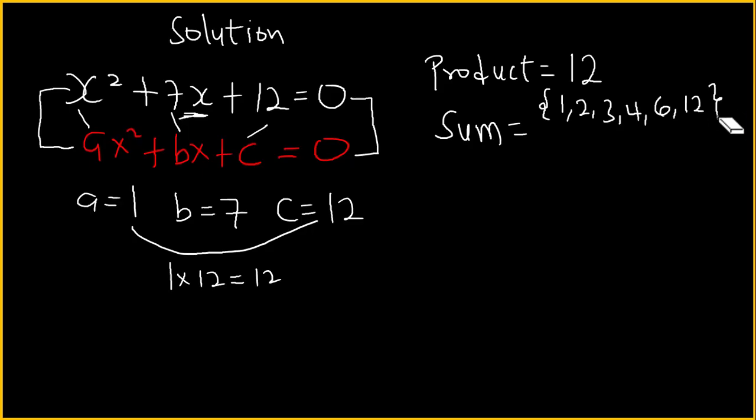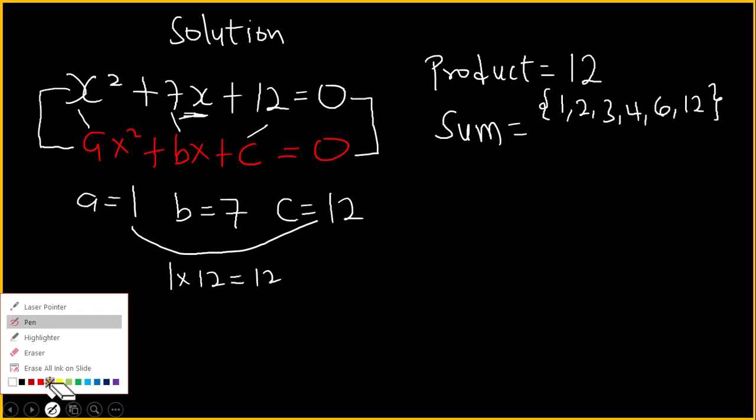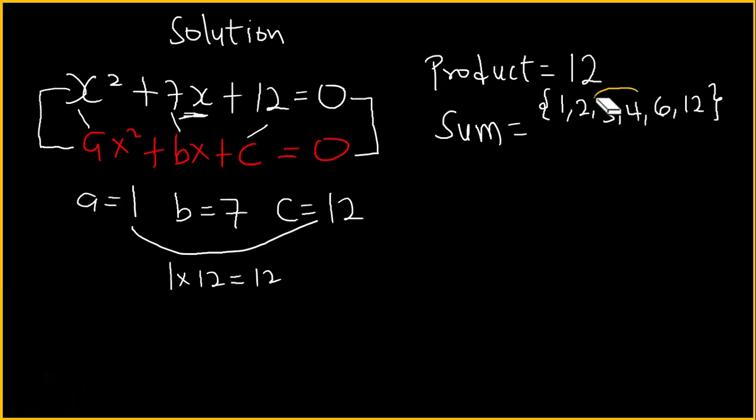So these are the factors of 12, and from these factors we are going to choose our sum. 1 plus 12 gives us 13, which is not equal to 7. 2 plus 6 gives us 8, which is not equal to 7. 3 plus 4 is equal to 7. So for the sum, we are going to pick these two numbers, 3 plus 4.